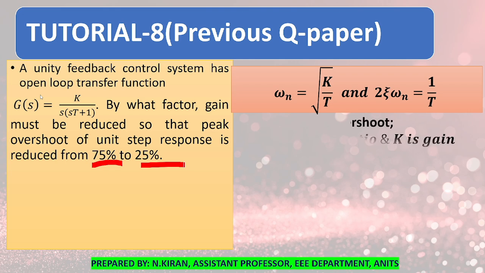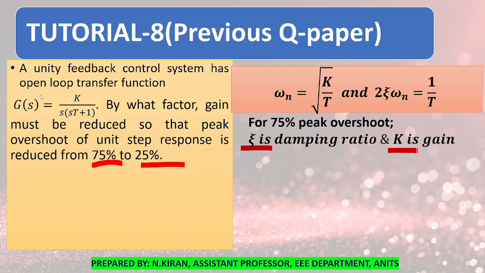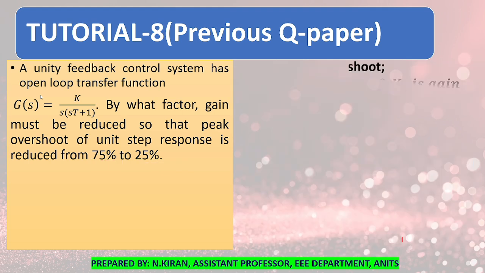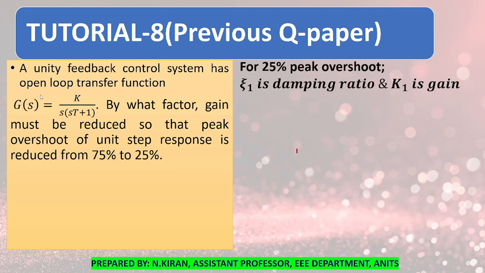Firstly, for 75% peak overshoot, let us assume the damping ratio is zeta and the gain value is K. We know the formula of peak overshoot, that is e power minus pi zeta by root over 1 minus zeta square. Since it is 75%, 0.75, taking natural logarithms on both sides will give me the damping ratio in the first case as 0.09. In the second case, for 25% peak overshoot, I assume the damping ratio as zeta 1 and gain as K1.